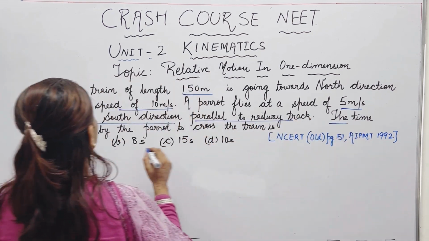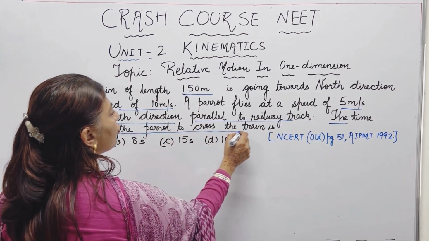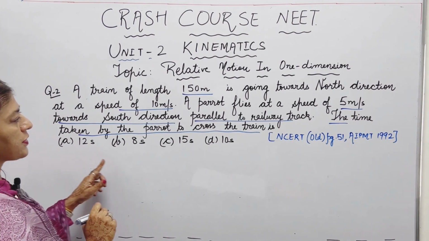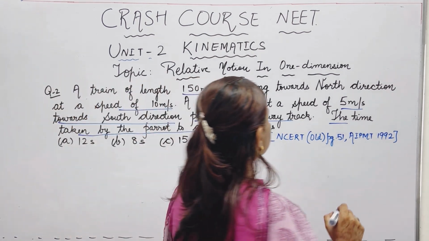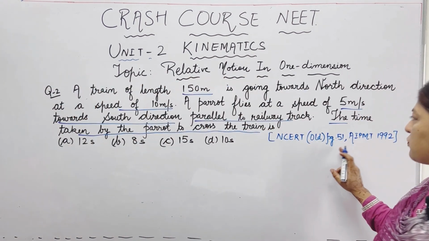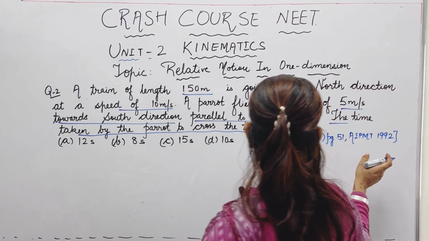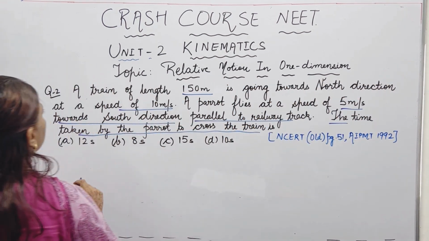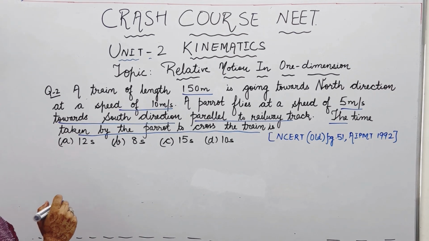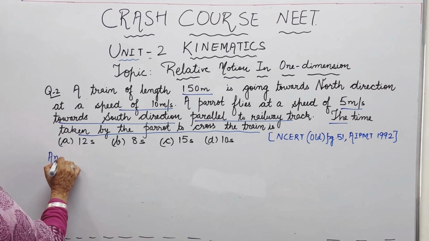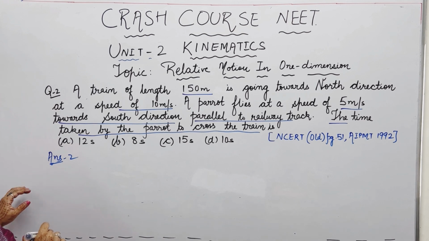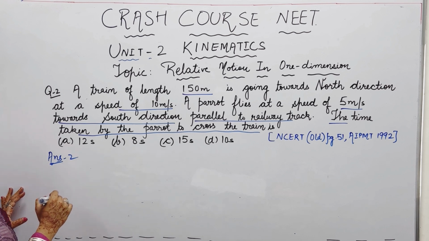The time taken by the parrot to cross the train is, and the options are given. This question is on page 51 of old NCERT, and it came in All India PMT in 1992. To solve this question, we will take help of the relative velocity, and then find out how much time the parrot will take to cross that train.